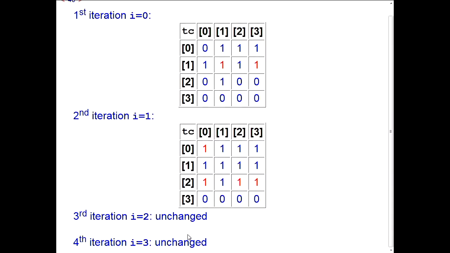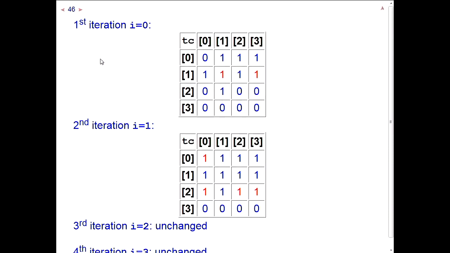terminates at the end, but we can see that after the second iteration, we have already reached the transitive closure because nothing else changes anymore. But of course, the algorithm has to run until the end because you don't know whether this really is the transitive closure or not.